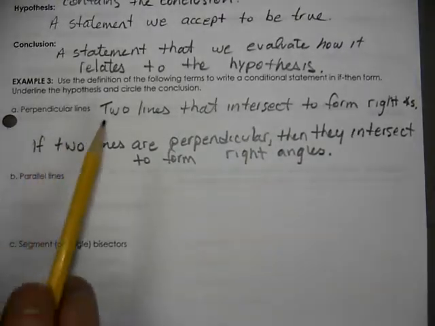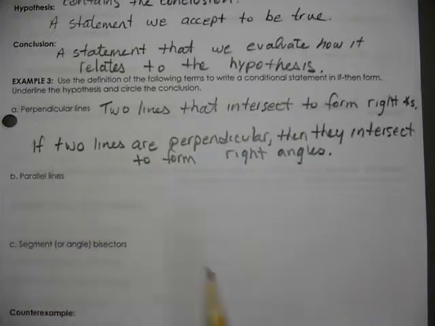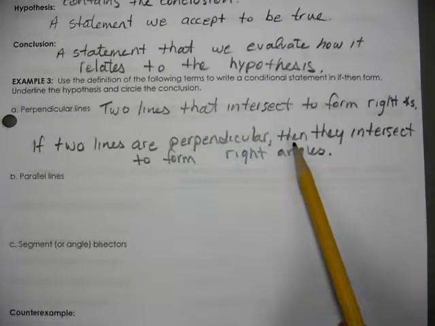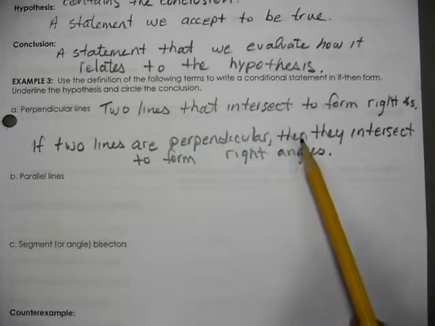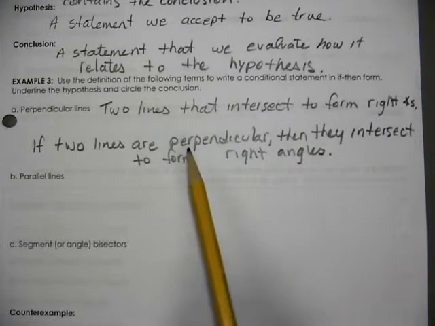So we took a conditional statement and we wrote it in an if-then format. And we can see that by definition, if two lines are going to form right angles, then they are perpendicular.